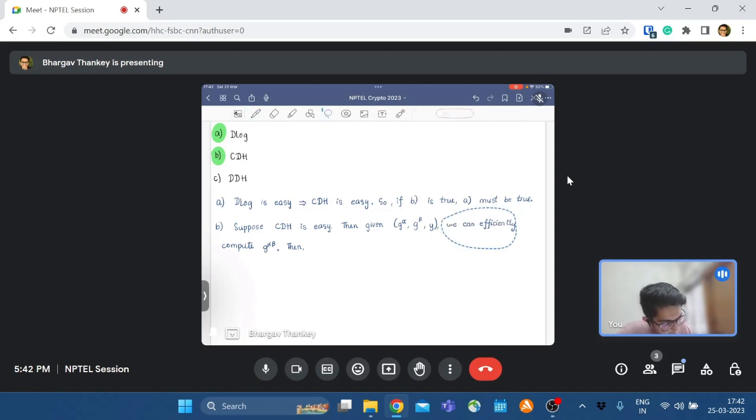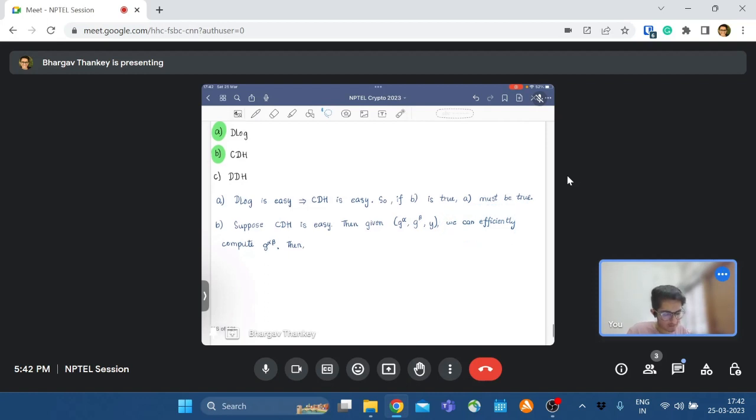What we are given is something like this: g^alpha, g^beta, and Y. What we don't know is whether Y is H(g^(alpha beta)) or a random string, right? So given g^alpha, g^beta, and Y, we can efficiently compute g^(alpha beta).